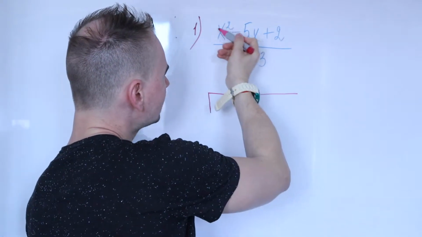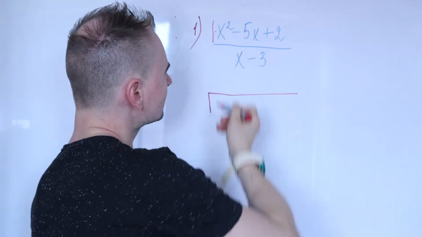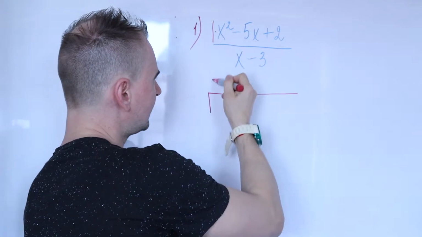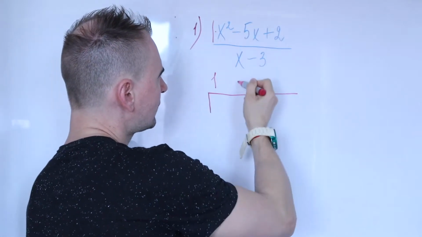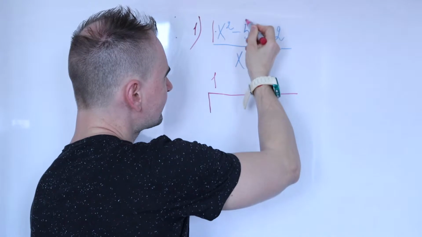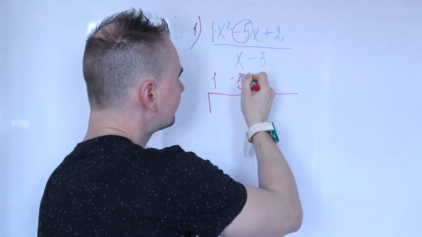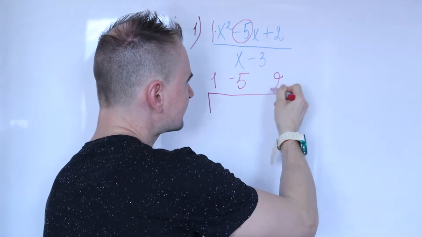For the first one, you have an invisible implied 1. You are going to bring it down. For the first term, which is negative 5x, you would get negative 5, and the last is just 2.